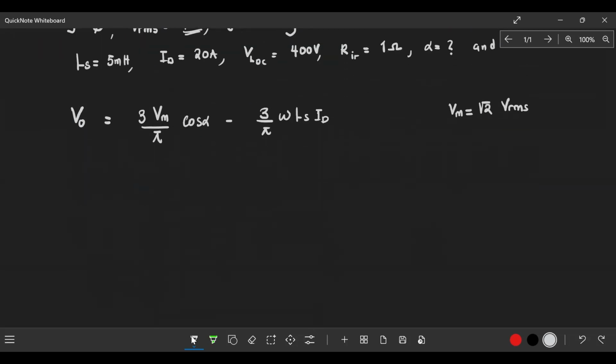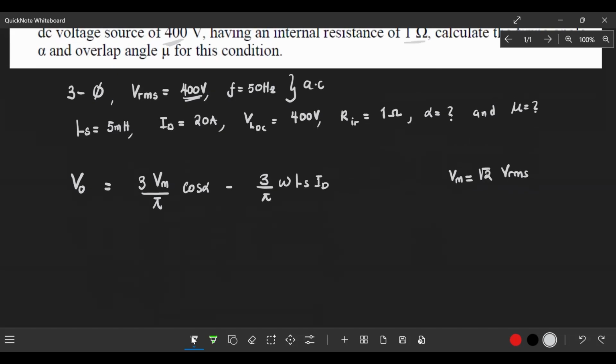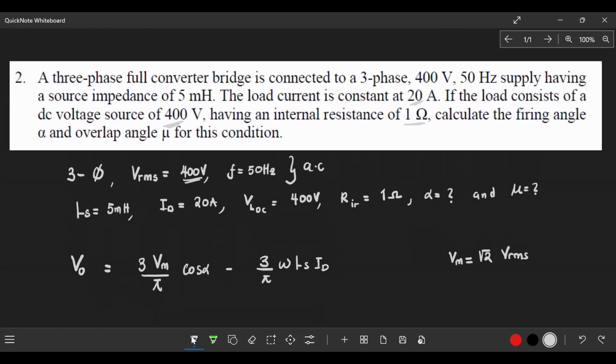Now, we have two drops here. We don't only have a voltage drop across the inductor. We also have another drop, which is the internal resistance, so that one will count for the total voltage output. The total voltage output is the source voltage, which is a DC.